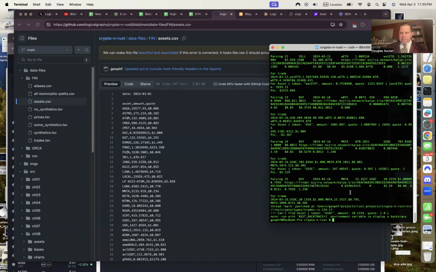I run the system and it runs up the first 25 trades, and then it says it can't find the asset USDC, meaning that I traded USDC and I bought it and I sold it, and eventually my total goes below zero, so the system fails out.